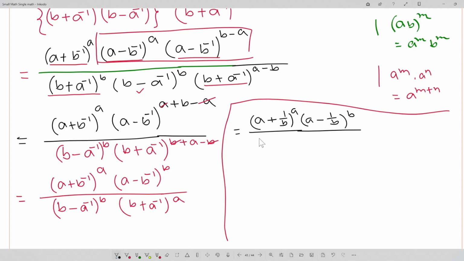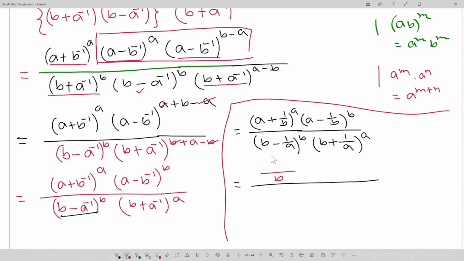In denominator, here is b minus 1 by a, it means this one to the power b times b plus 1 by a to the power a. Okay, so these kinds of things you should carefully handle, otherwise there is a possibility of making a mistake.